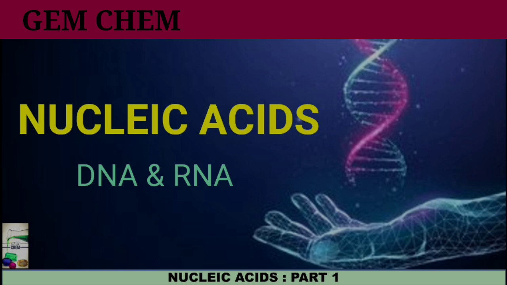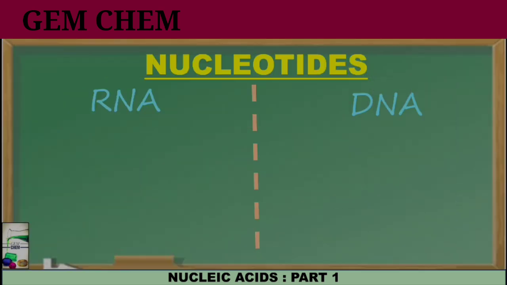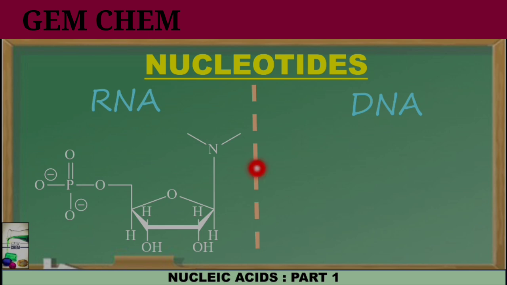So, we are going to see the nucleotide and nucleoside units for DNA and RNA. So, when we talk about nucleotides for RNA, this is our phosphate ion. Here we have the heterocyclic base, and this is our D-ribose which is present as furanoside. This is the sugar component, right? And we can name it as this one.